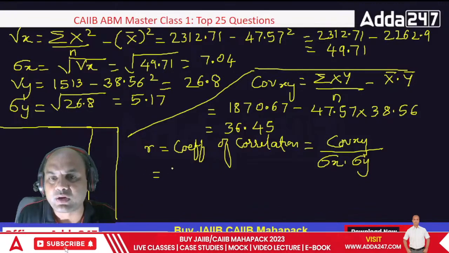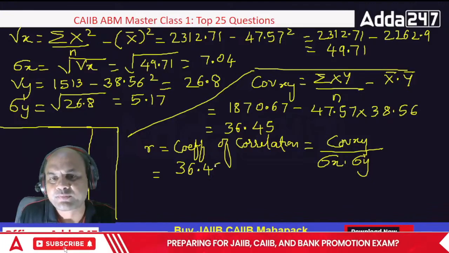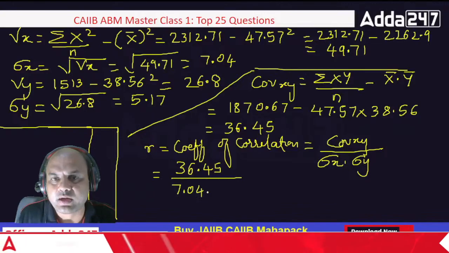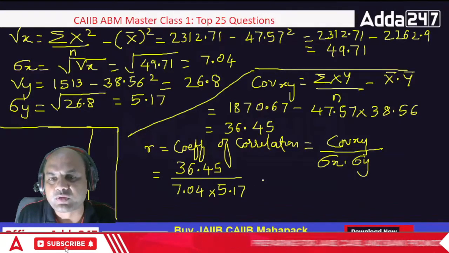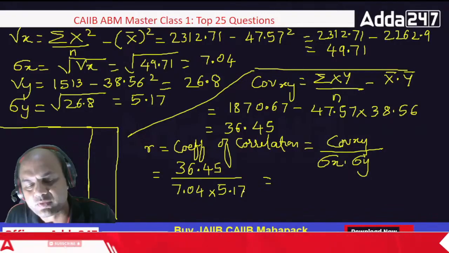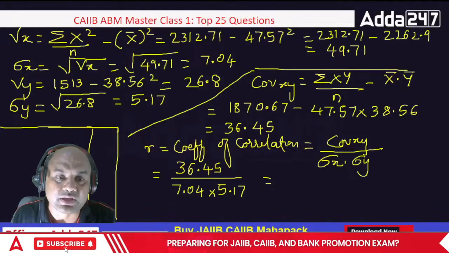Now use this. Covariance of xy was 36.45, divided by sigma x, which is 7.04, into 5.17. What answer are you getting? 36.45 divided by 7.04 into 5.17. Let me do it myself also.